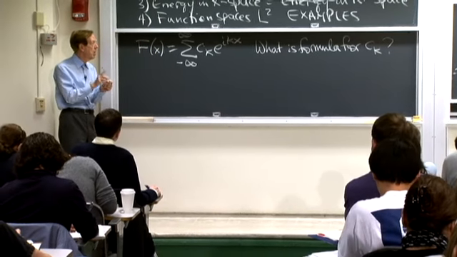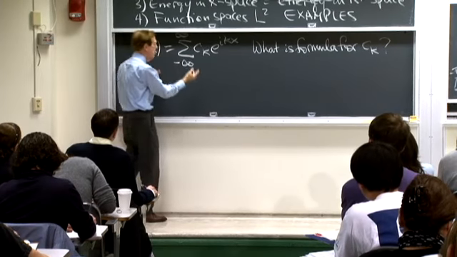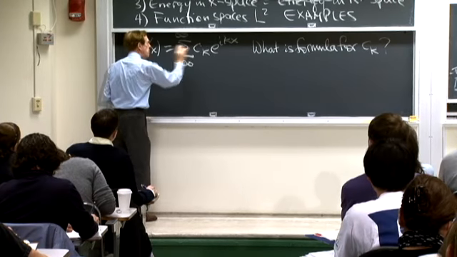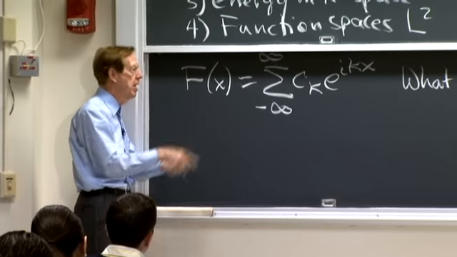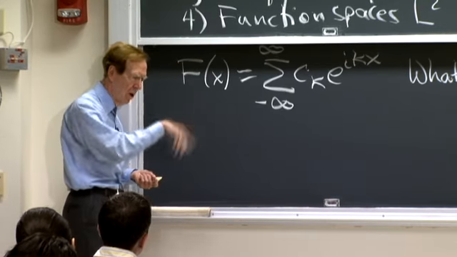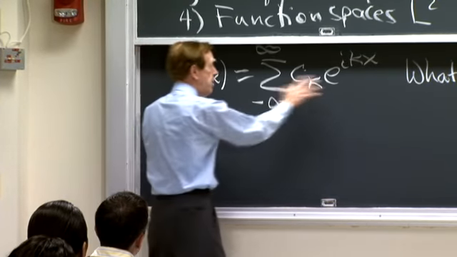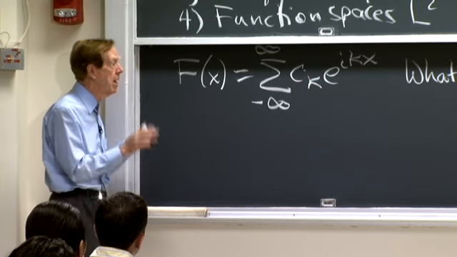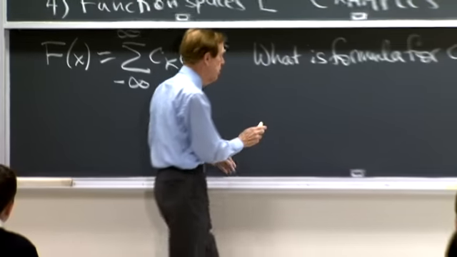If I wanted to know c_3, suppose I want a formula for c_3, the coefficient. What am I going to multiply by? That's going to give me the orthogonality I need, that all the other integrals are going to disappear. That's the key. I want to multiply by something so that when I integrate, all the other integrals are going to disappear. And let's just do it.